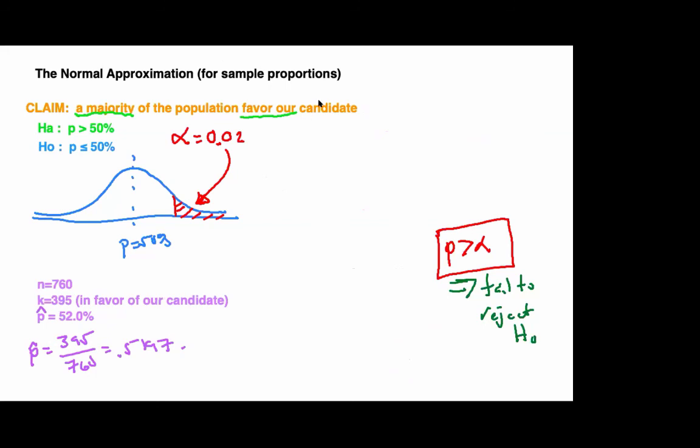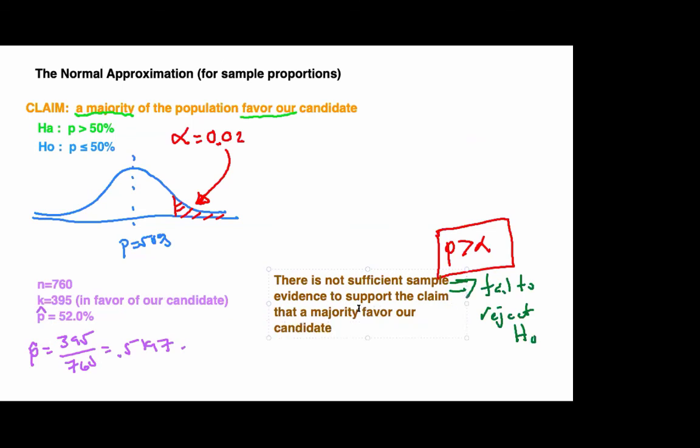So our conclusion is best stated: there is not sufficient sample evidence to support the claim that a majority favor our candidate. Not the best news for the candidate.